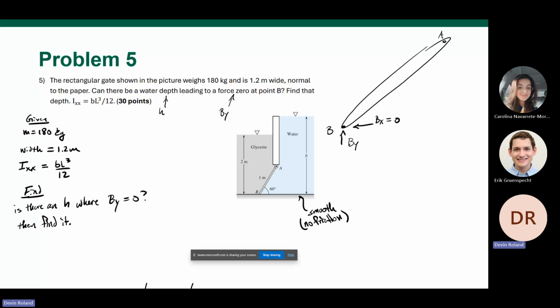Alrighty. So I'm going to draw a picture here that will hopefully be helpful. I mentioned we have this gate, and it's sitting on this floor here.